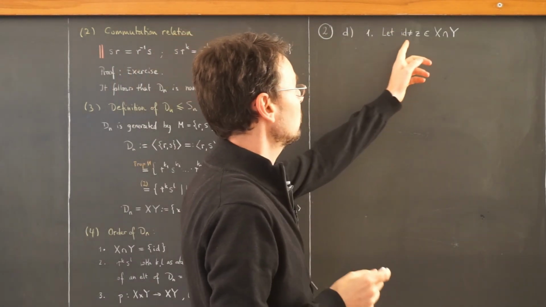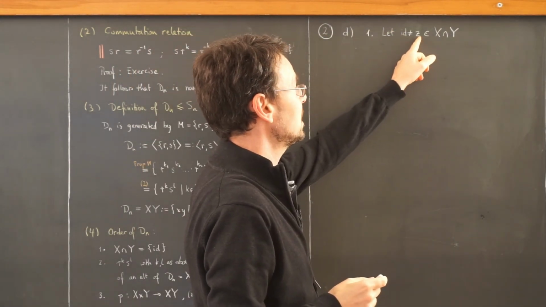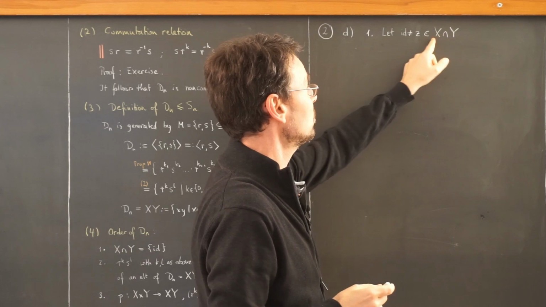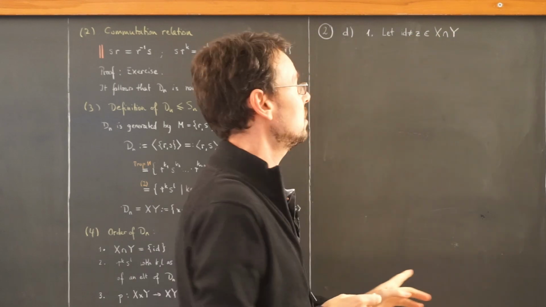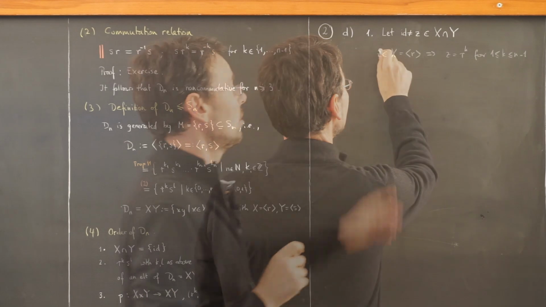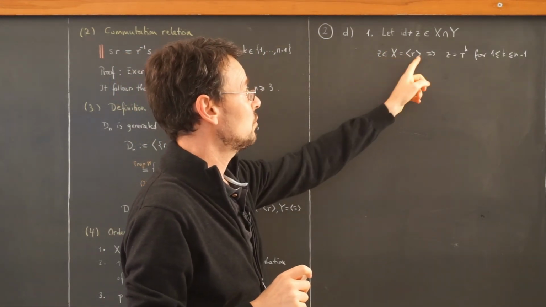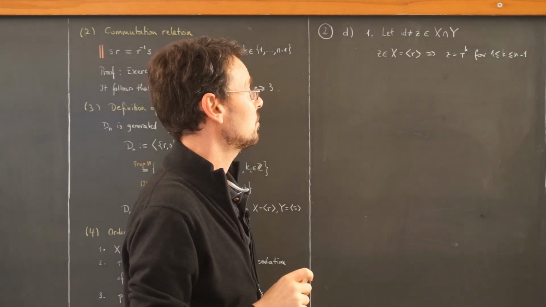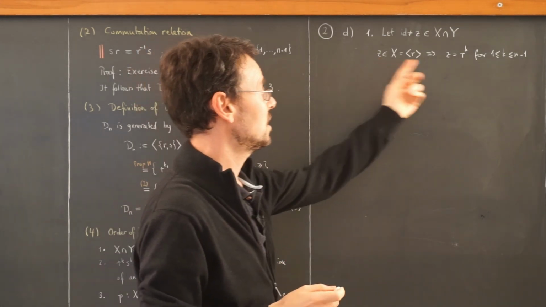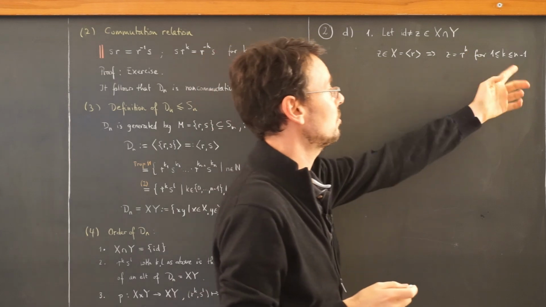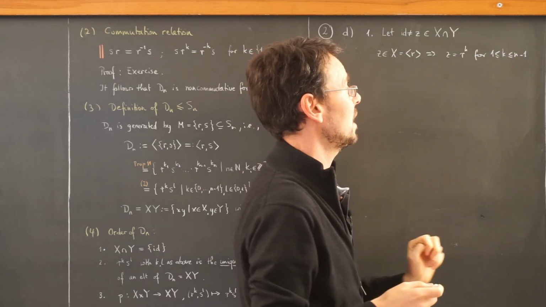Alright, so let's assume we have an element Z that lies in this intersection here and is not the identity. Then, because it lies in the intersection, it must be an element of X, which was the cyclic subgroup generated by R. So Z would be R to the K for some exponent between 1 and n minus 1.